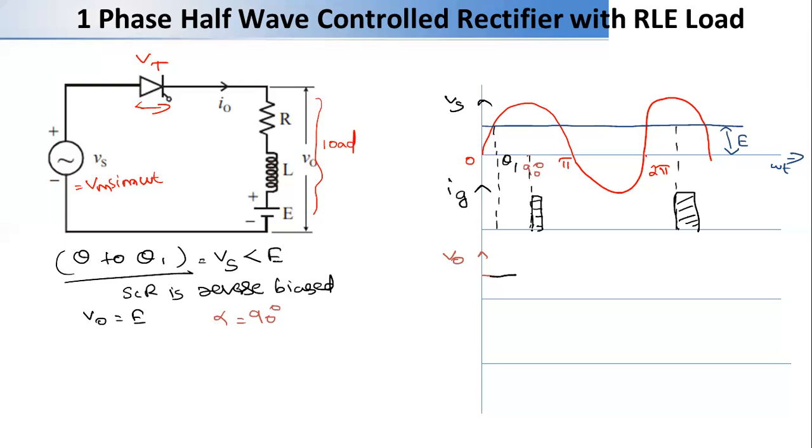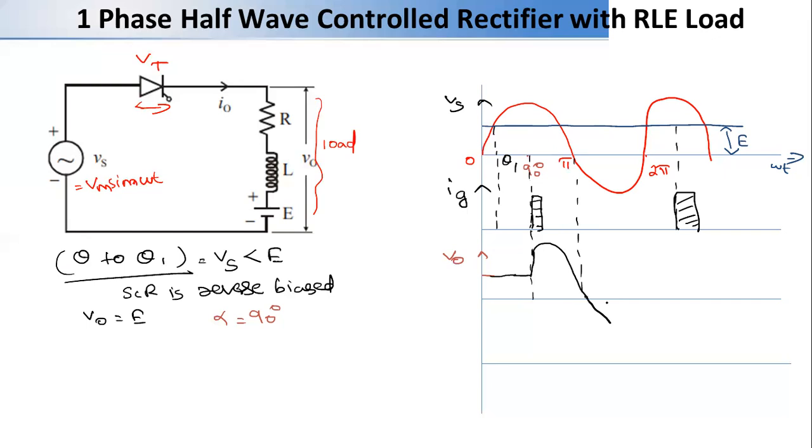Up to the firing angle of 90 degrees, and then from here we will start getting the source voltage. So this will go like this and this will be pi. At pi, up to here we will get the output voltage, and here again the condition is reversed, but we will get a negative voltage due to the presence of the inductor.